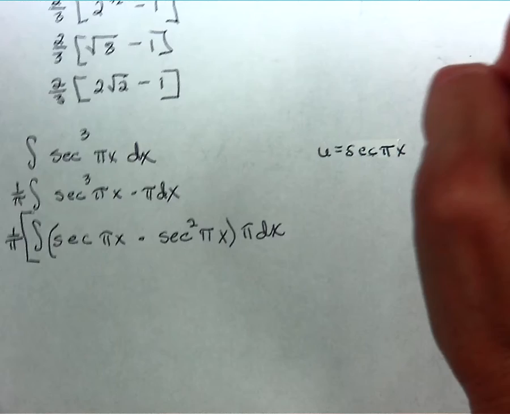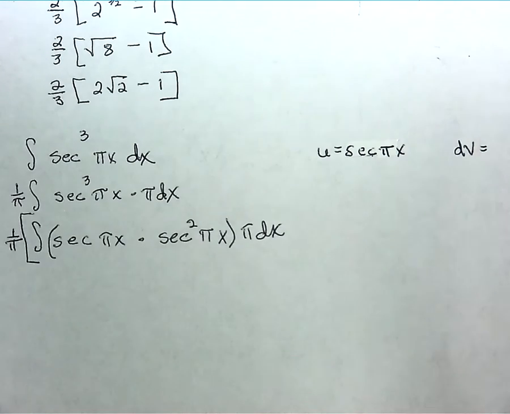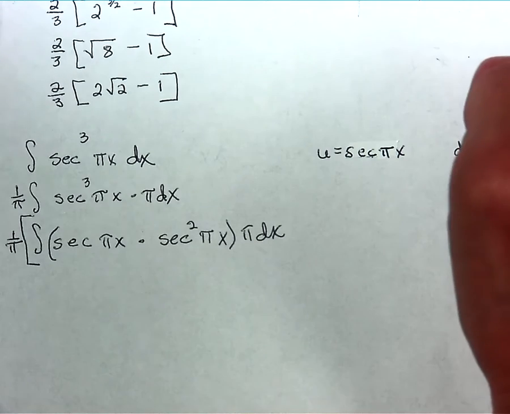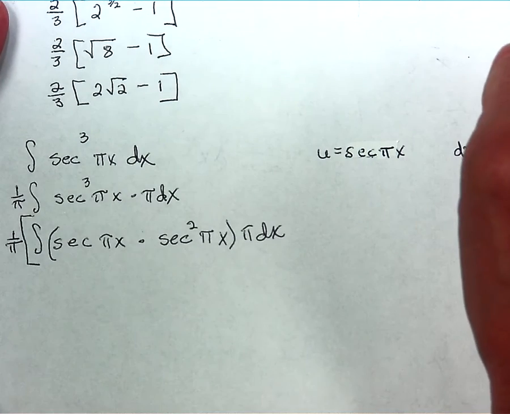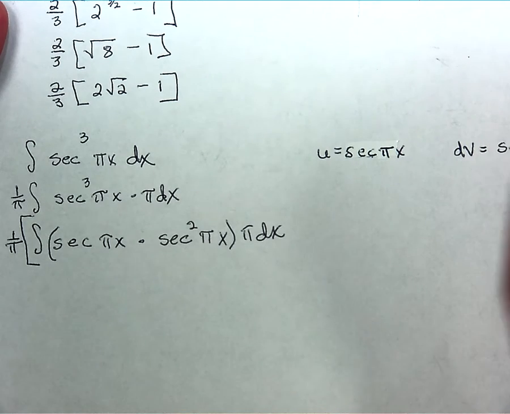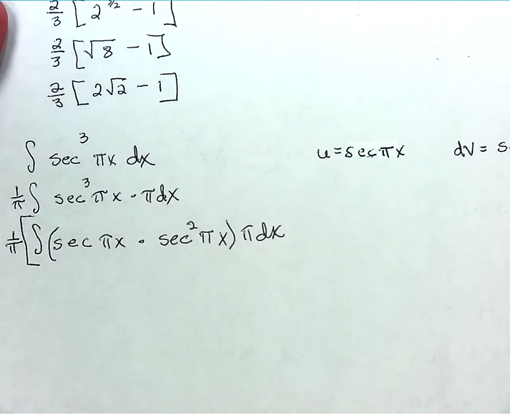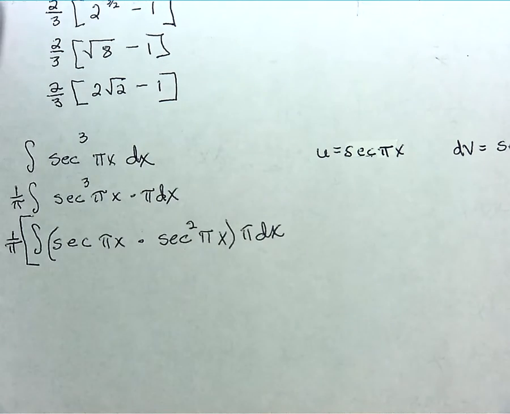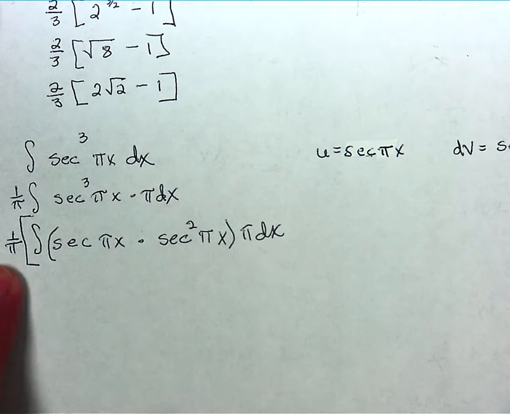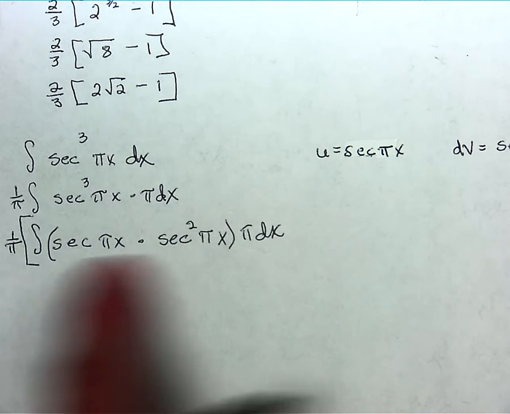And that means dv has to be everything else: dv is the secant squared pi x pi dx. I just wonder now if that's going to mess anything up that I stuck that out to begin with.